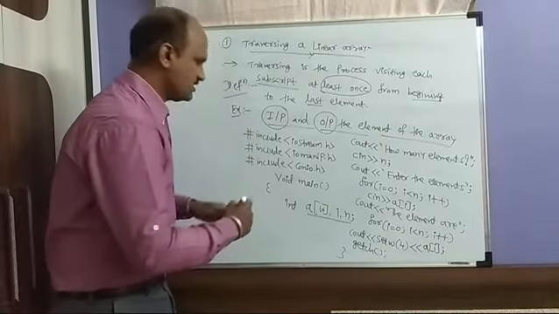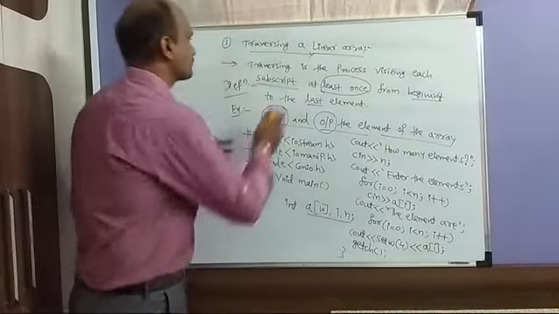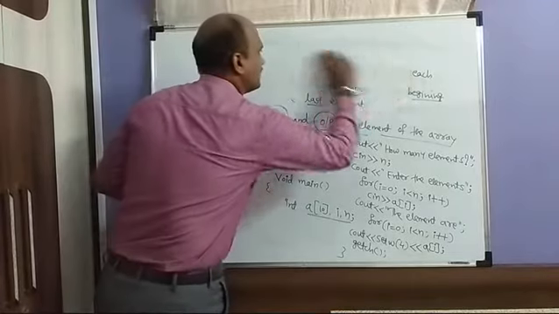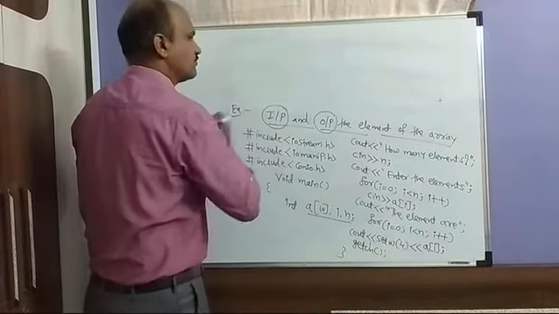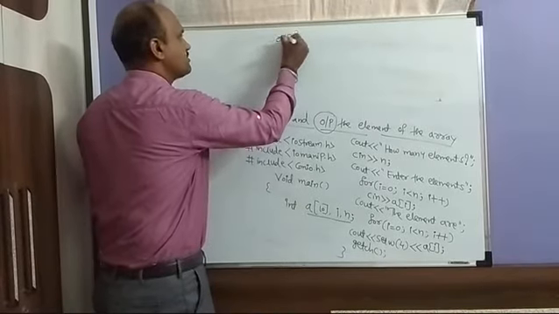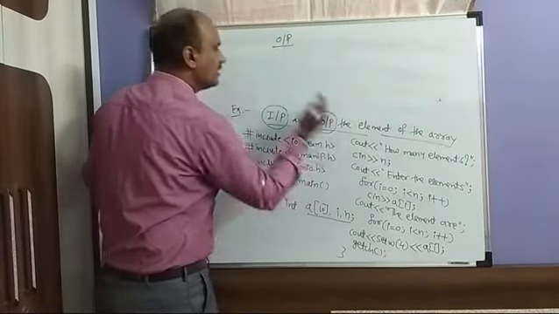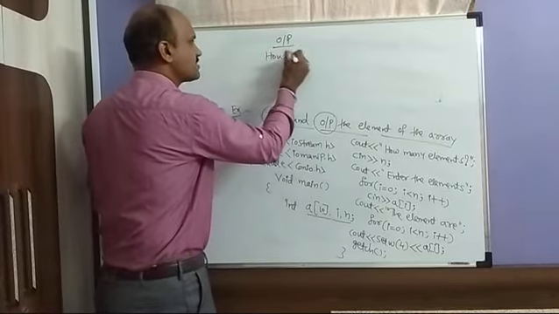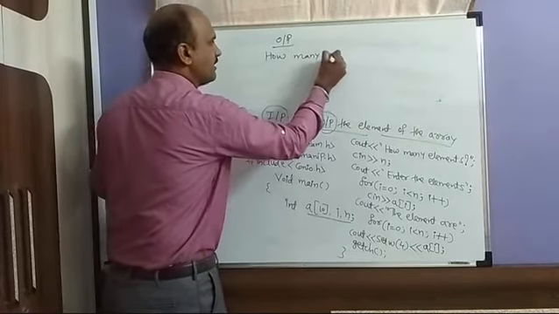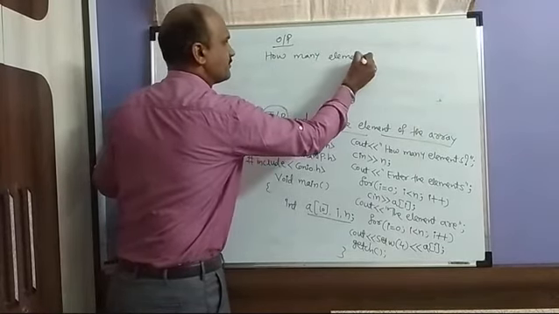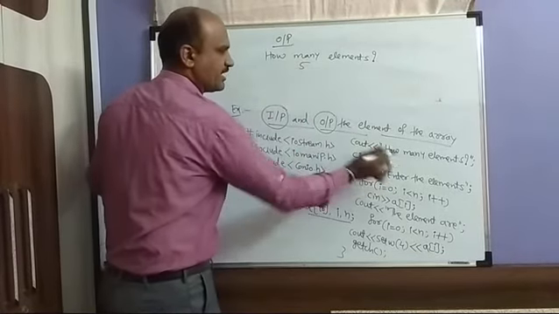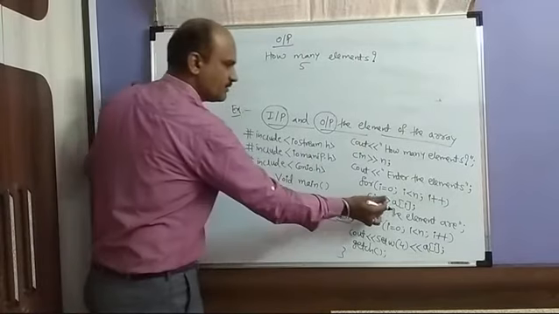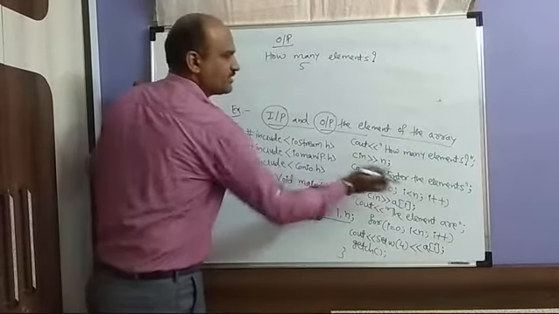So the output becomes, I will write the output also, so it will be very easy. The output of this program is, first it asks how many elements. If I give 5 elements, that is n equal to 5, then it goes to enter the elements.